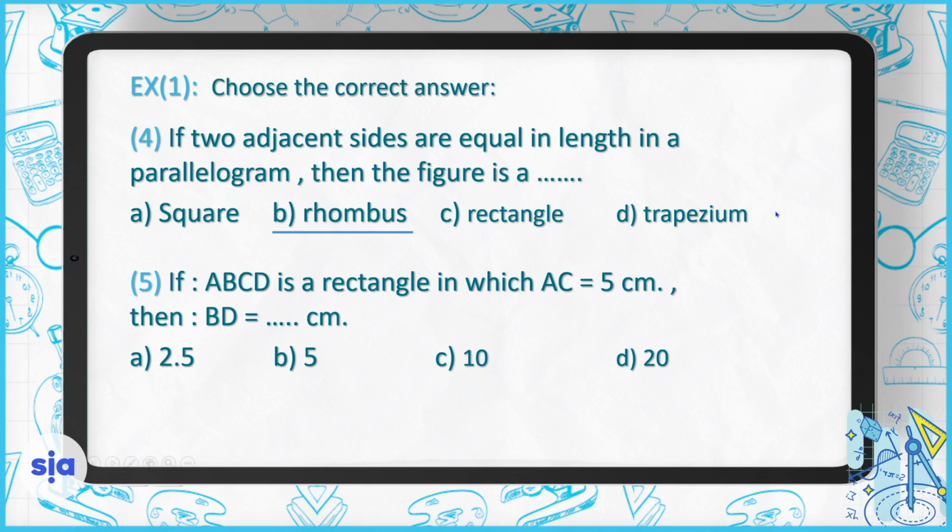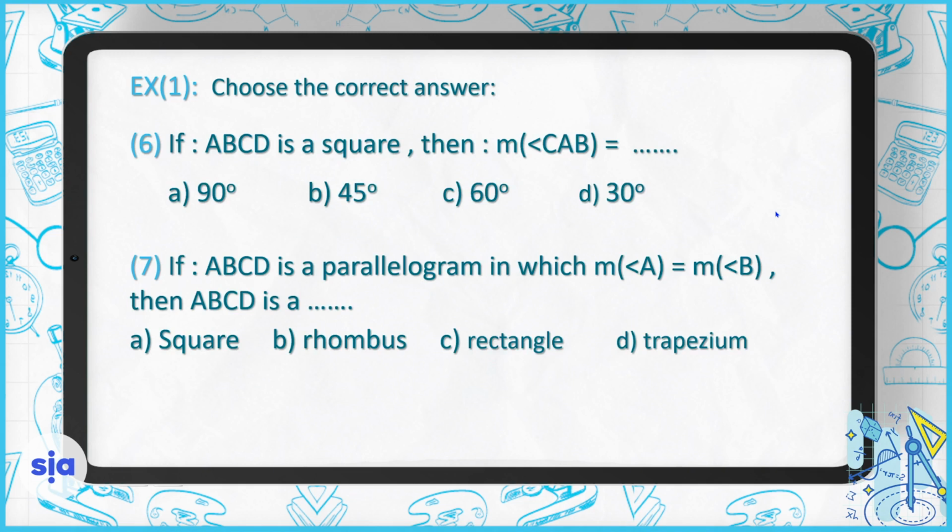As you can see here, if you draw the rectangle, AC is a diagonal. And we know that in the rectangle, the diagonals are equal. So BD, the other diagonal, is also equal to AC. It's equal to 5. Question 6. If ABCD is a square, then the measure of angle CAB is equal to what degrees?